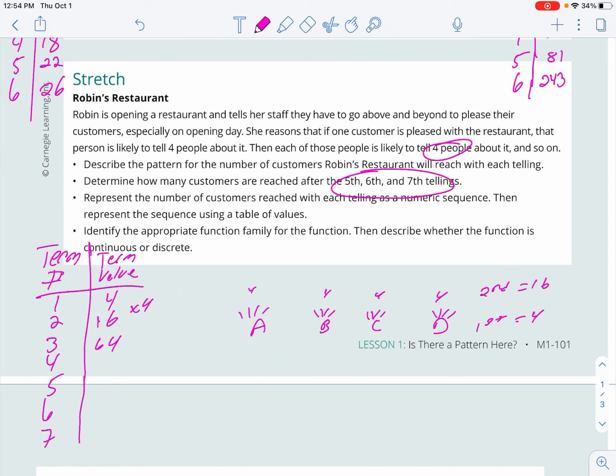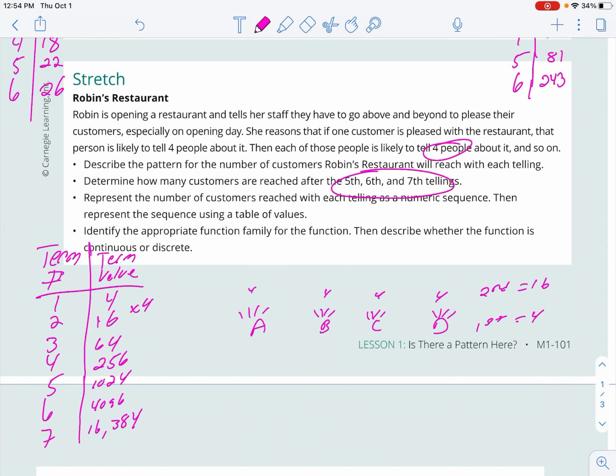So 16 times 4 is 64. 64 times 4 is 256. 256 times 4 is 1024. 1024 times 4 is 4096. And 4096 times 4, 16,384 people. So that's a lot of people to tell after the 7th round, okay?